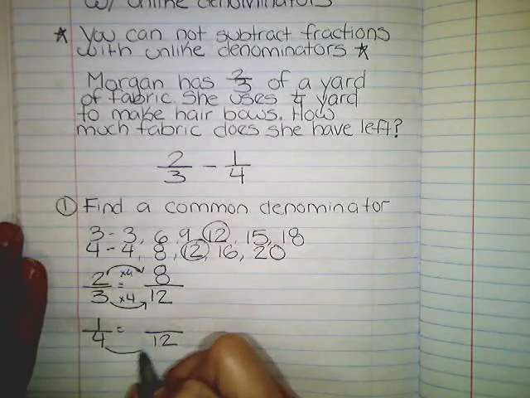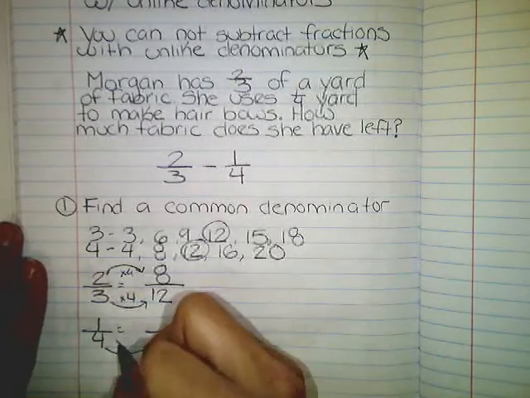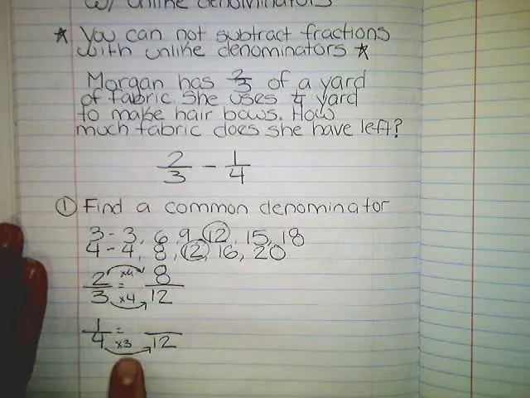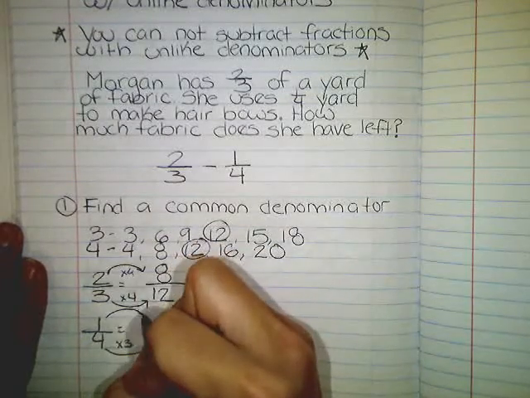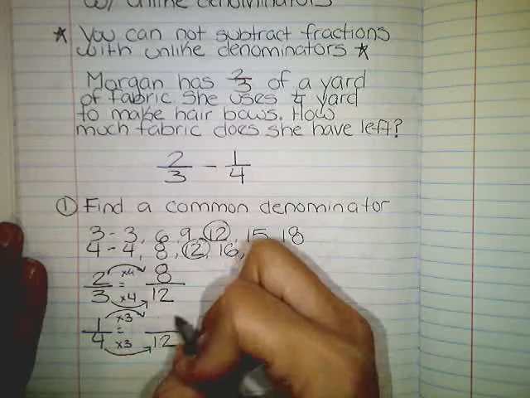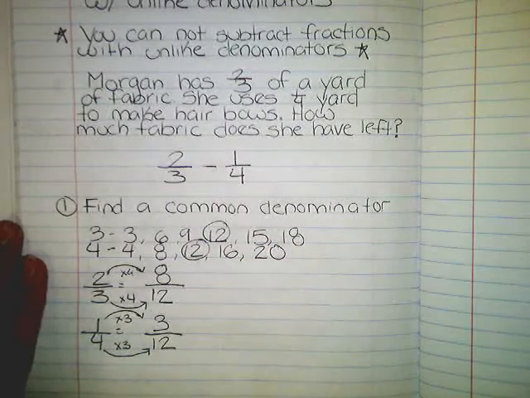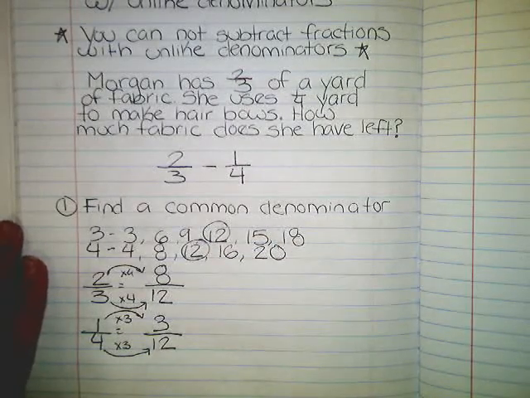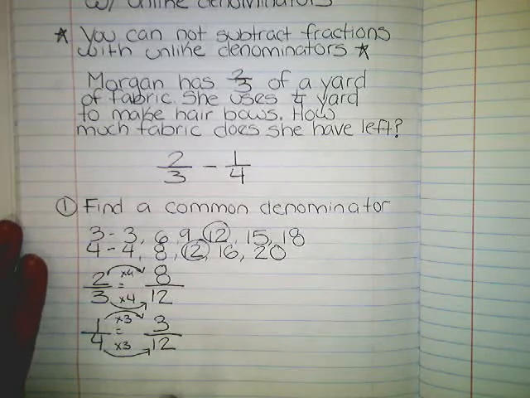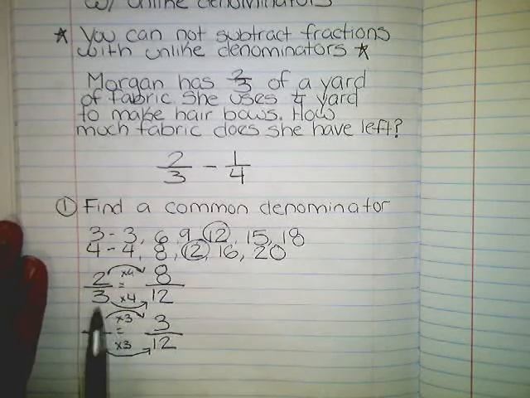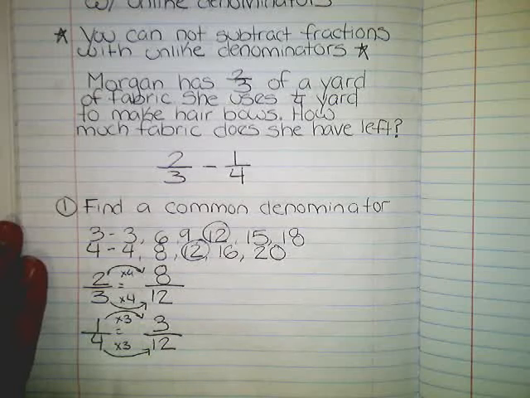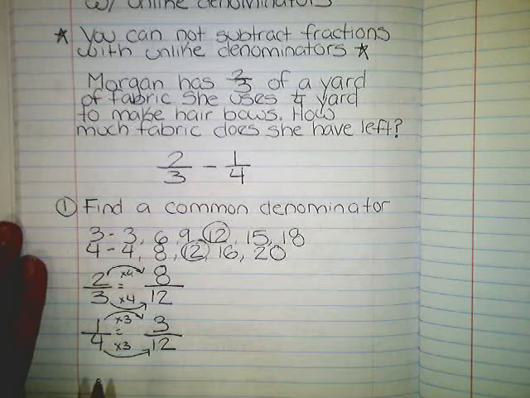How do I get 4 to 12? 4 times 3. Whatever I do to the bottom, I have to do to the top. Okay. Now we have our two new fractions. 2/3 is equivalent to 8/12. 1/4 is equivalent to 3/12.